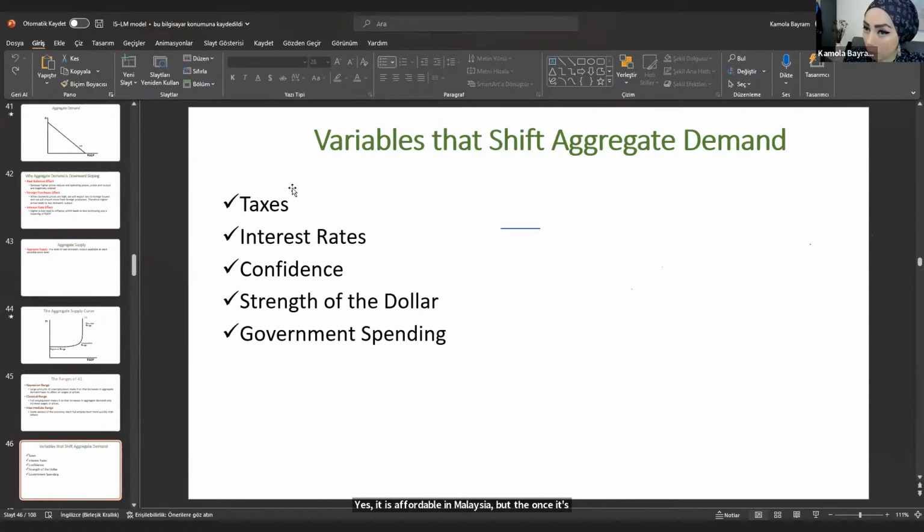And now, what I want to show is how much of your income will go to the monthly installment payments.